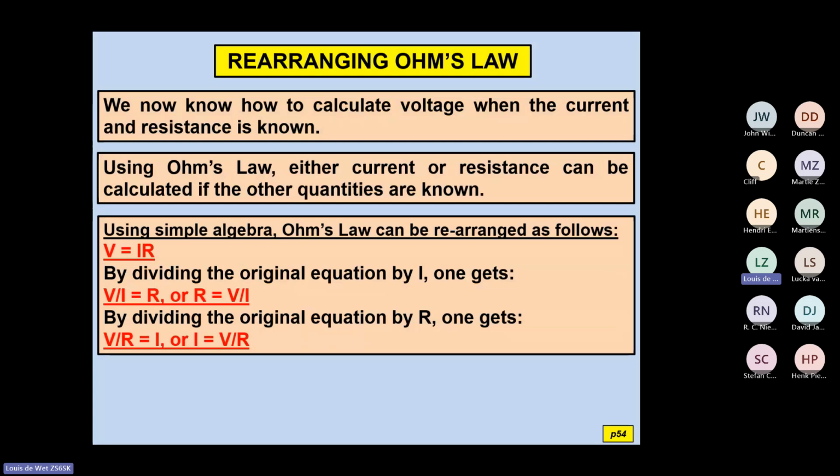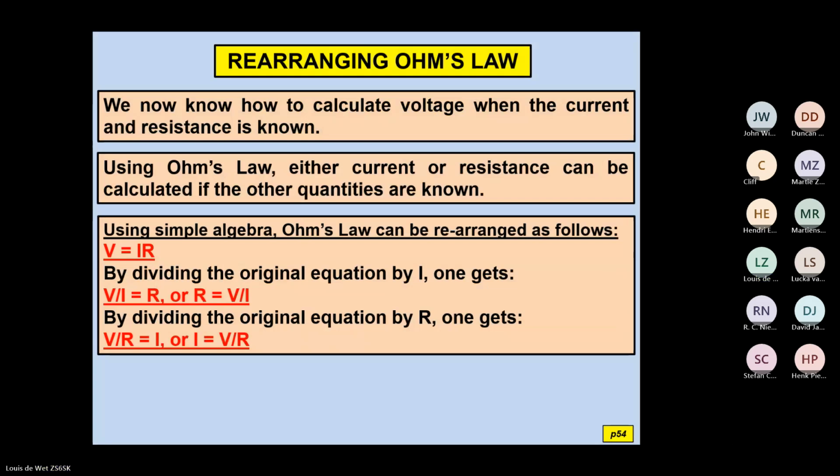V equals IR, and by dividing the original equation by I, one gets V over I equals R, or R equals V over I. Then by dividing the original equation by R, one gets V divided by R is I, or I equals V divided by R. And that's on the bottom of page 54.